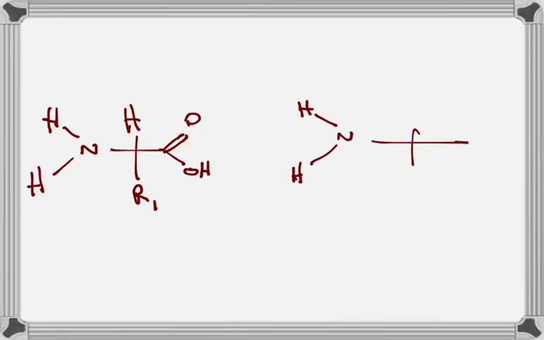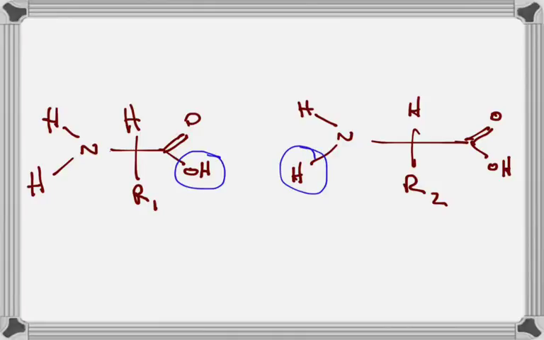And amino acids get bonded together in a very repeatable pattern. We always have bonds occurring between one of the hydrogens on the amino group and the hydroxyl from the carboxyl group of another amino acid.